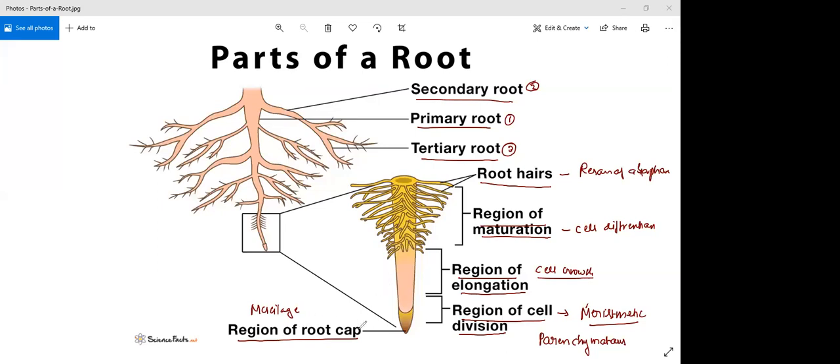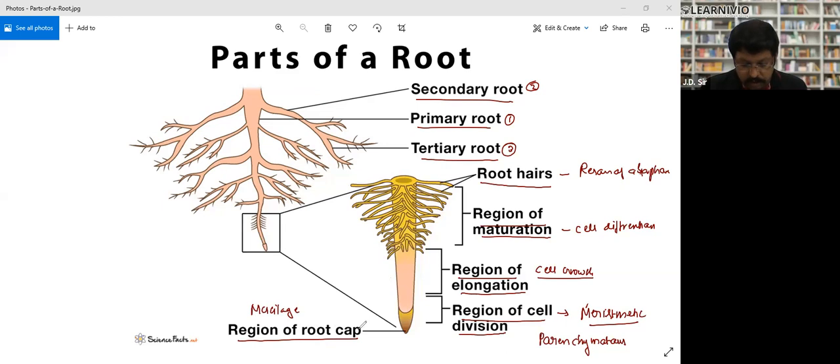I have started with the root cap. A root cap is a parenchymatous multicellular structure that covers meristematic cells.